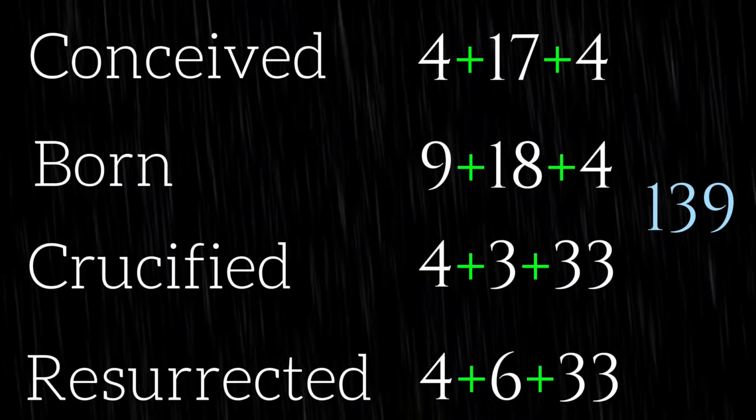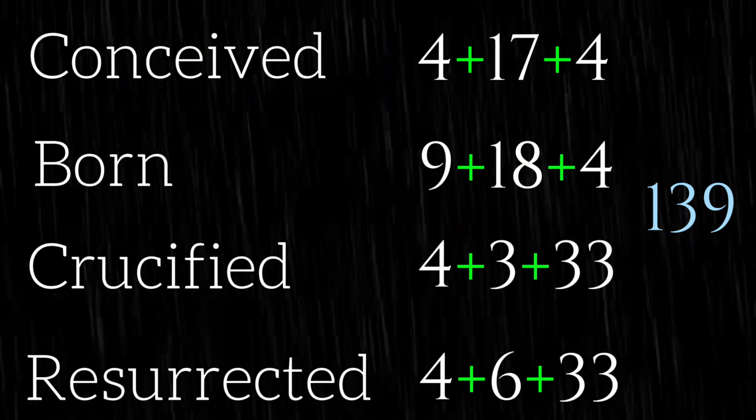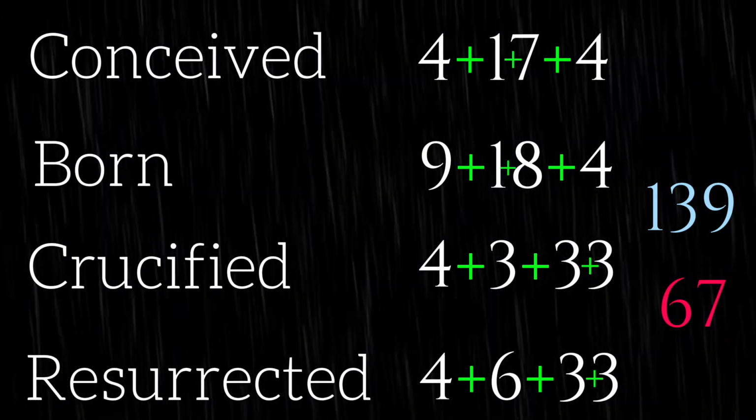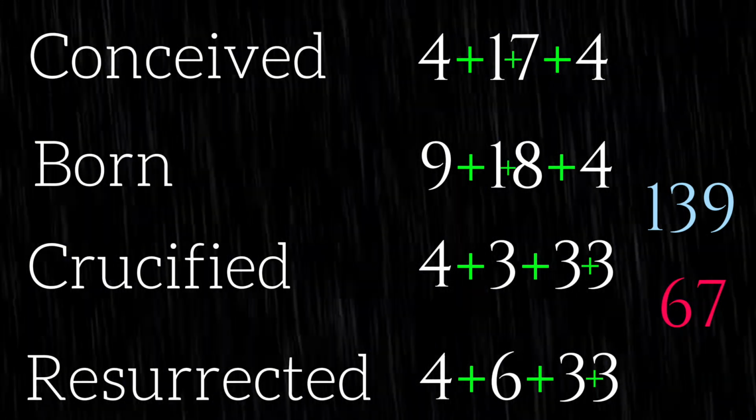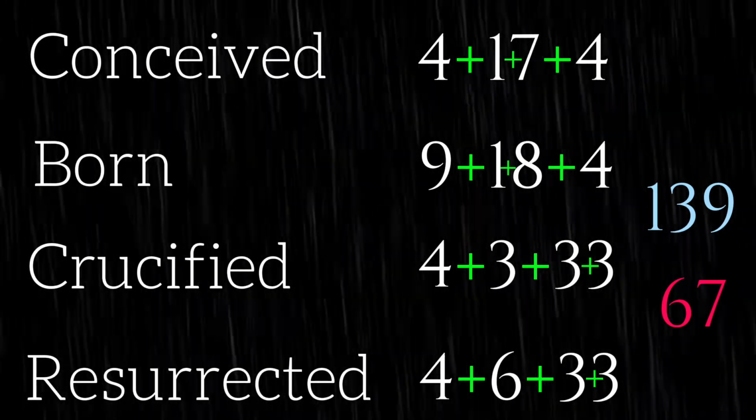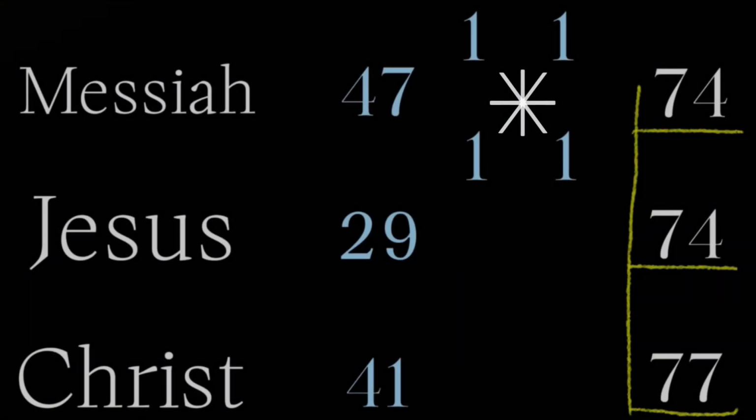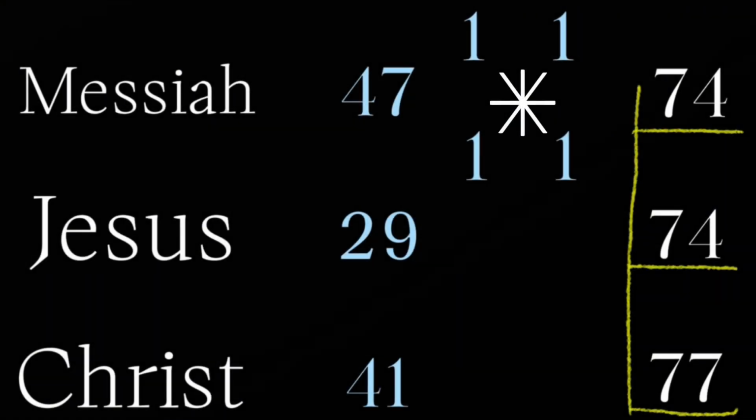If we add up all his dates, we get 139 prime. And if we add digit by digit, we get 67. Let us compare this to the Christ Codex. All of the numbers added digit by digit equal out to 67, and matching with 139 prime. 139 times 67 equals.